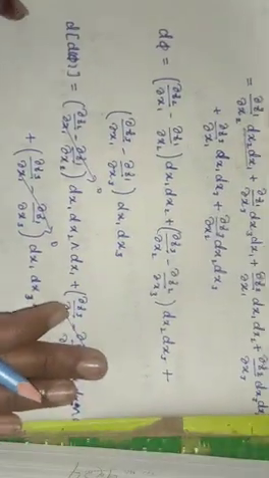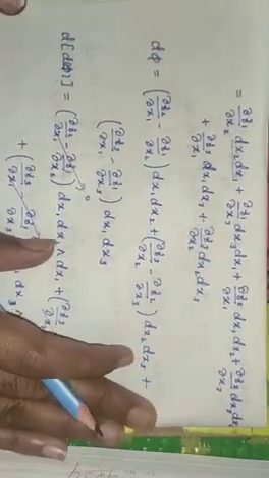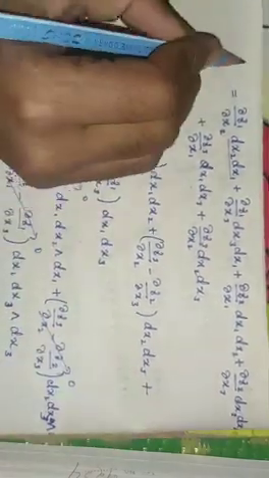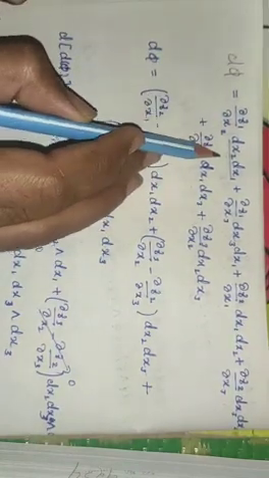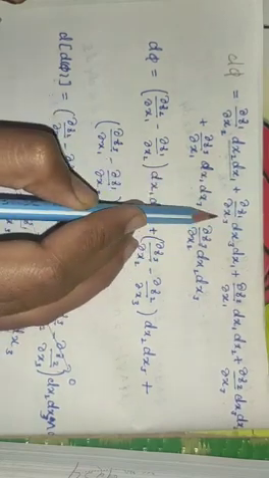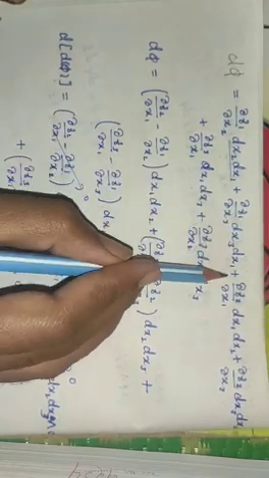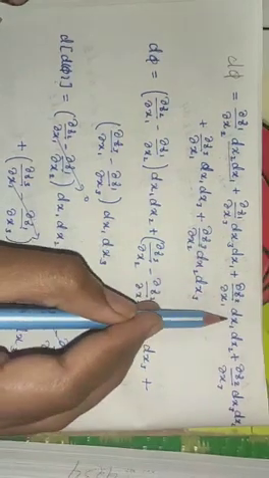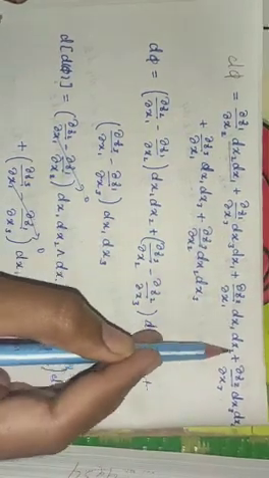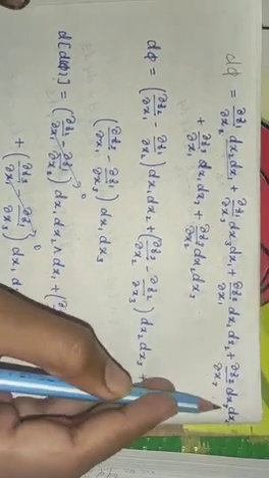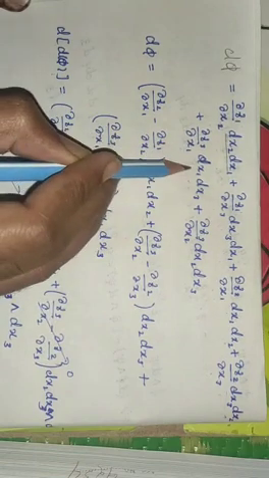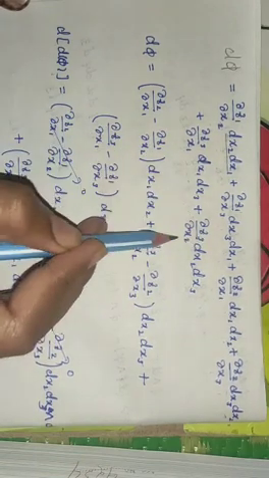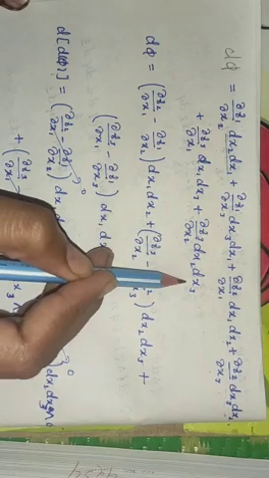So finally we get d pi as: d pi equals del f1 by del x2 dx2 dx1 plus del f1 by del x3 dx3 dx1 plus del f2 by del x1 dx1 dx2 plus del f2 by del x3 dx3 dx2 plus del f3 by del x1 dx1 dx3 plus del f3 by del x2 dx2 dx3.